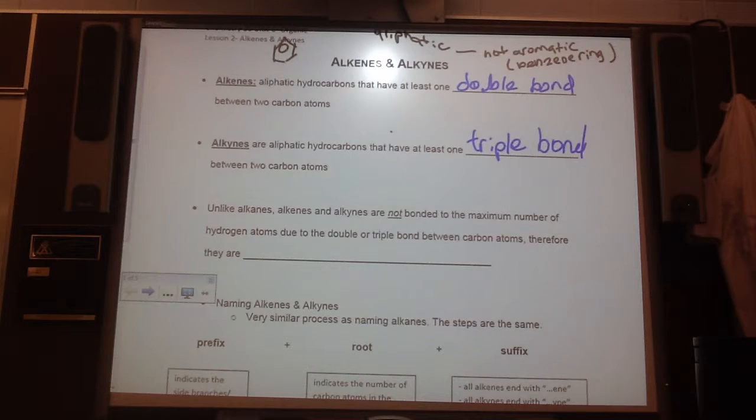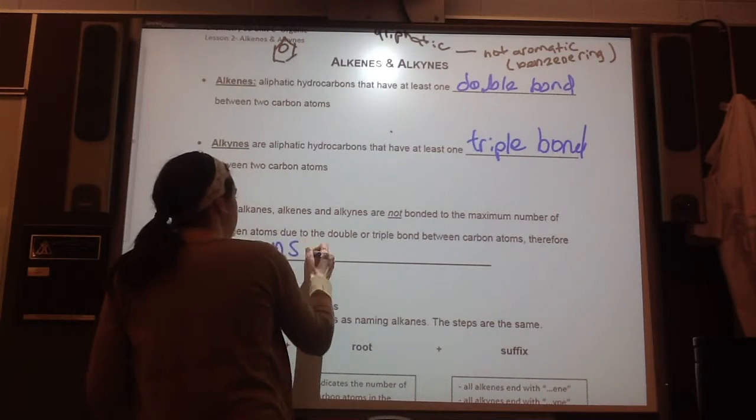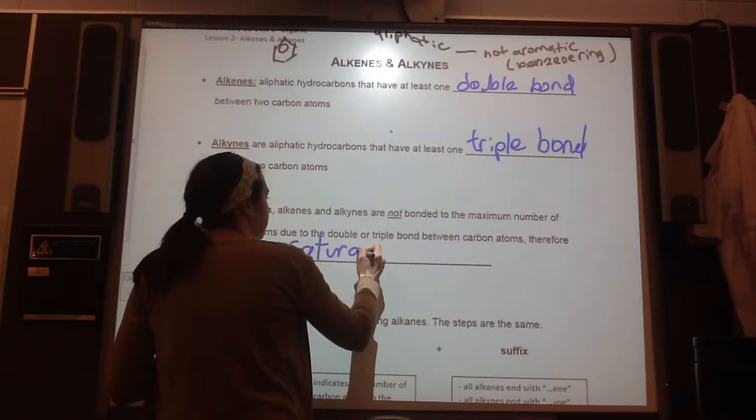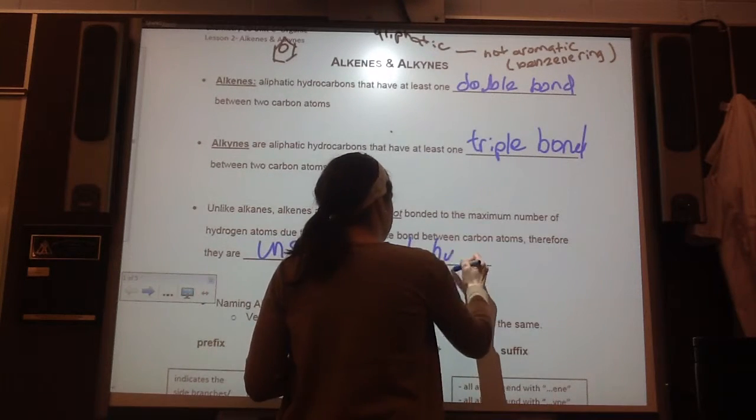If we make a double bond, we have to take out a hydrogen. So it's not saturated, therefore they are unsaturated hydrocarbons.